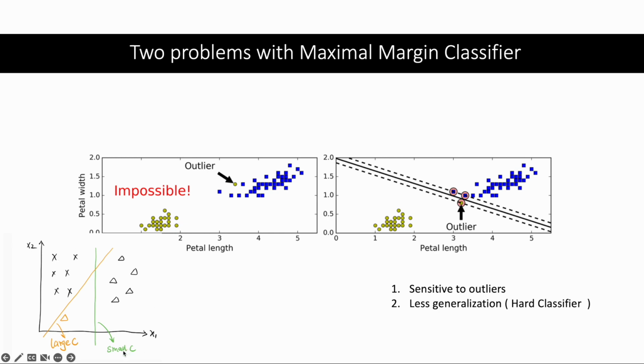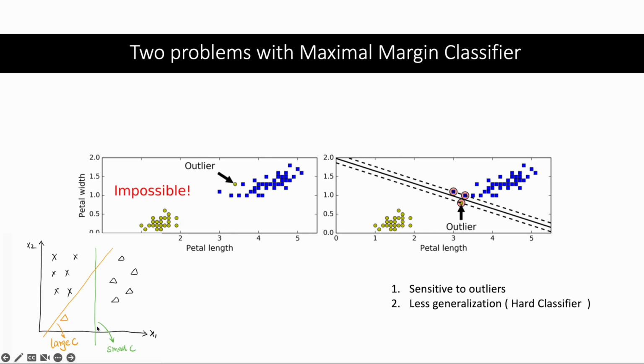Another way to see that is with the example on the left side. Just ignore the small c and large c for now. We'll deal with that in a minute. Let's say we again have two classes. The green straight line was our original decision boundary. We see one triangle observation towards the left over here.